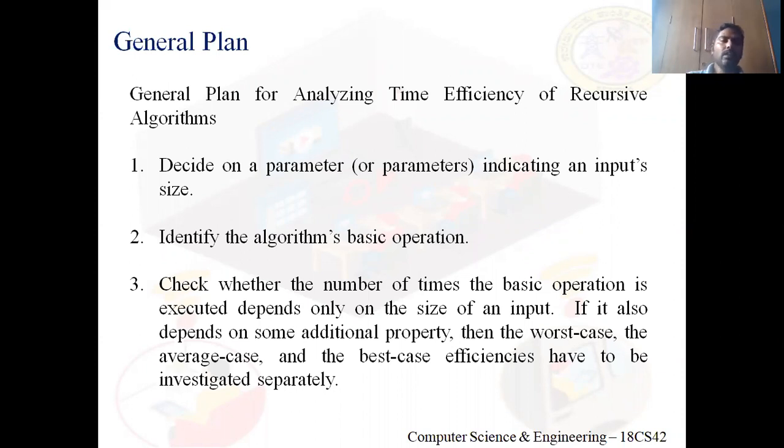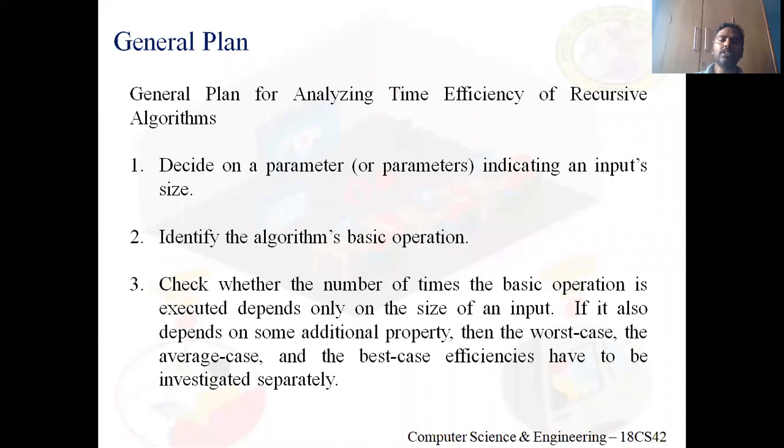So now assume you have identified the size, you have identified the basic operation. Now check whether the execution of the basic operation depends only on size. If it depends only on size, you just need to determine the basic operation count.